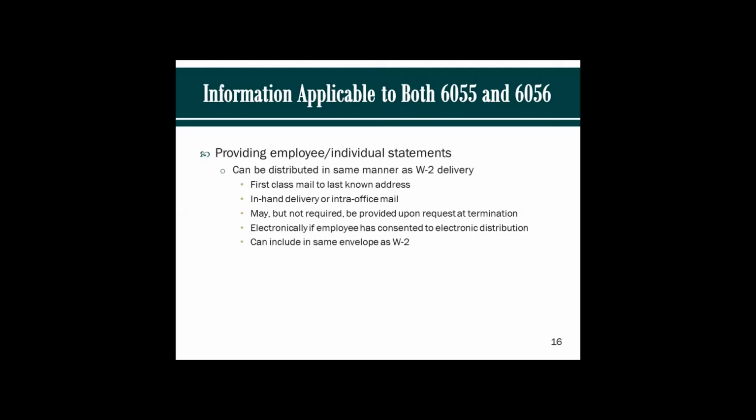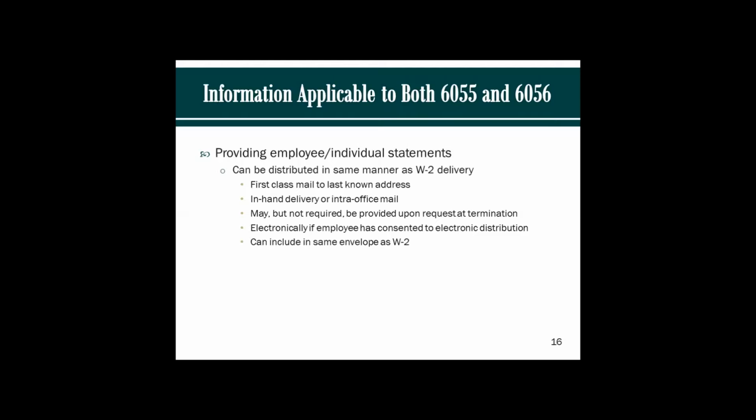Now, as we've been talking about these forms, and as you see what deadlines you're going to meet, these forms are very analogous to a W-2. And we even mentioned you can deliver in the same manner as a W-2. As to delivery, the key difference is this: if an employee terminates in the middle of the year, they can come to you as an employer and say, I want my W-2 now. I don't want to wait until January 31st of next year. And you would be required to give that W-2 within 30 days.